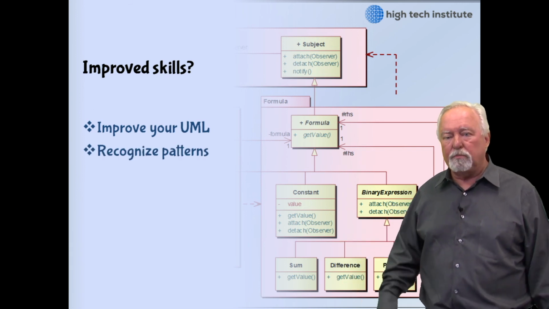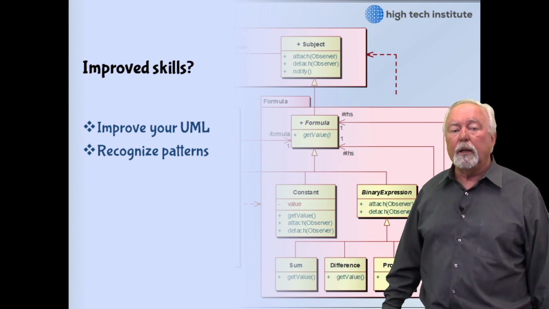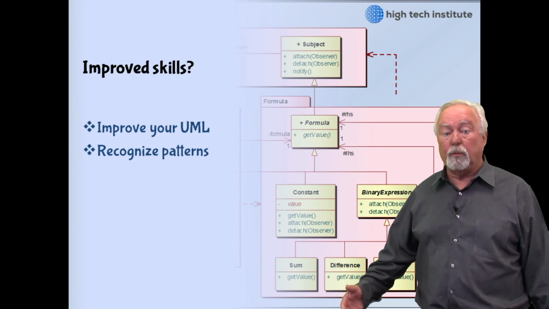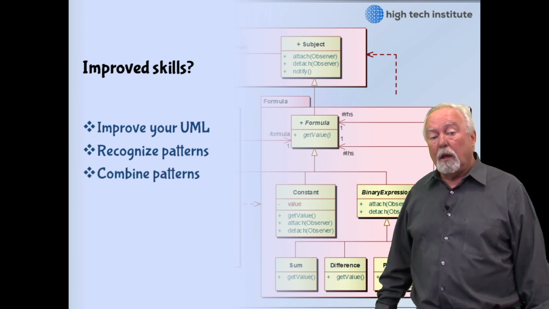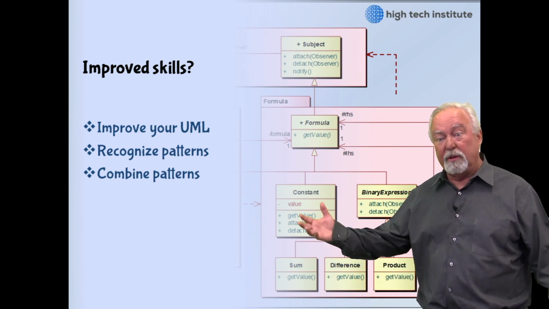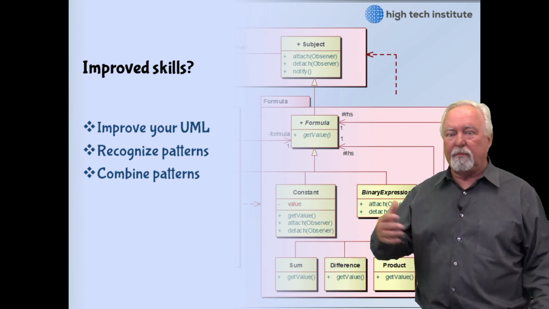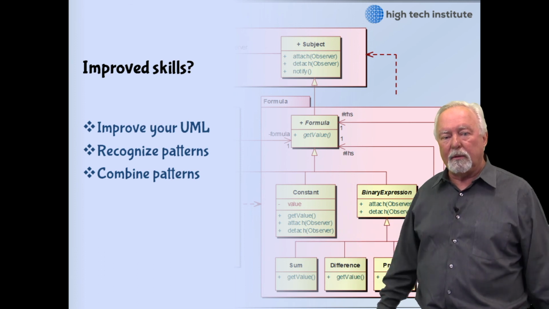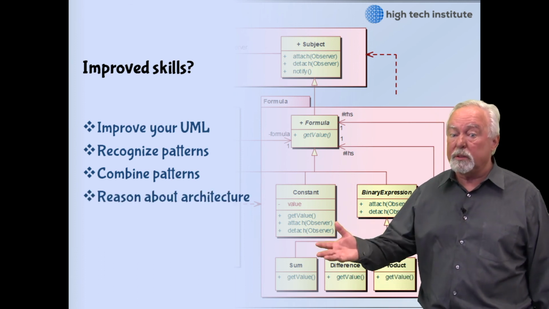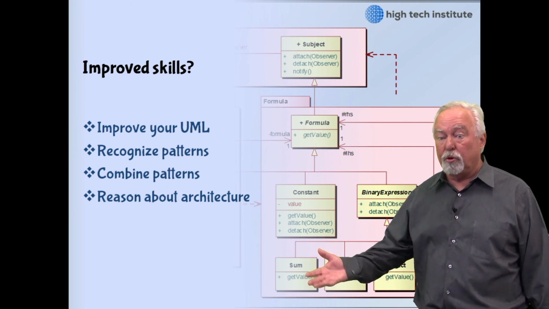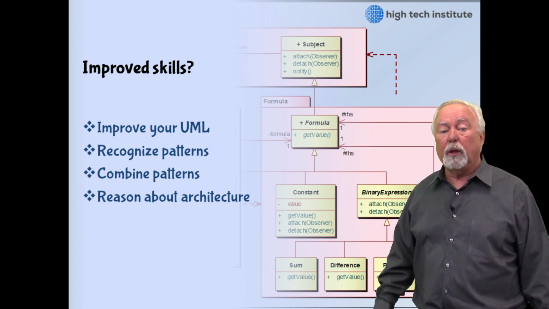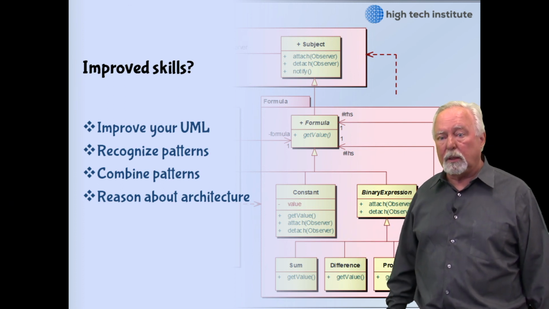Of course, there is much more to learn there, so you should keep practicing this in your daily work. Also, we have seen how you can combine patterns, and that's the fun thing. You can just play with them and keep adding them to arrive at an architecture. So you have also reasoned about architecture. You know why you have chosen an architecture, namely to realize some non-functional aspects that are required.